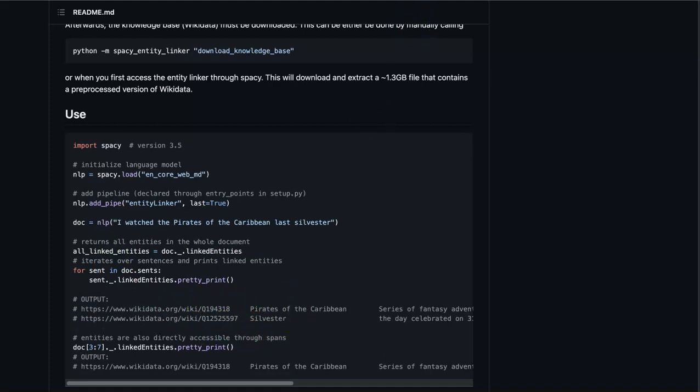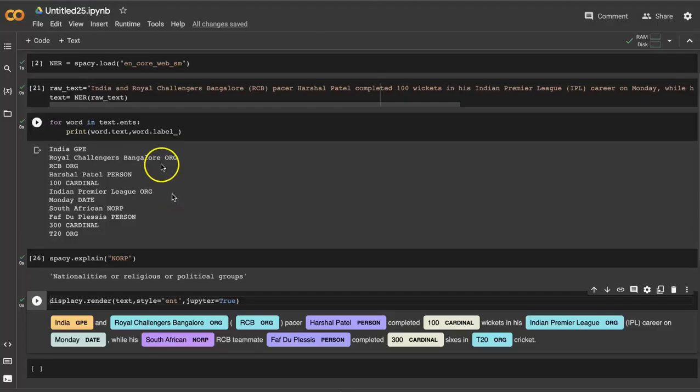Okay, and this package, with this package it will not link with any Wikipedia articles, but it will first find what the different entities are, and then there will be the next steps. So in this package, you cannot link with Wikipedia entities, but you can find the different named entities and what the types are for that entity.